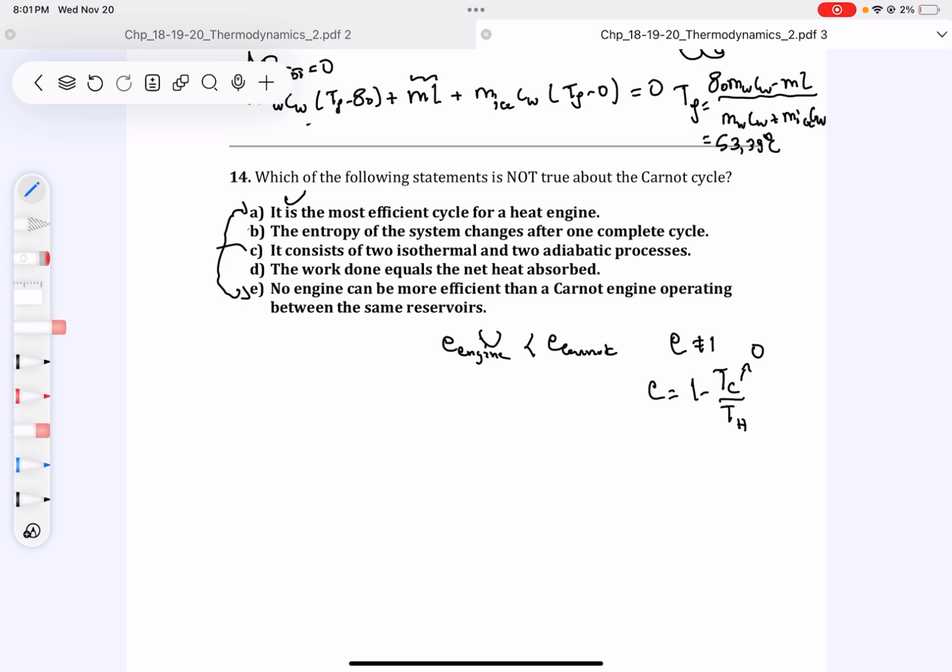B: the entropy of the system changes after one complete cycle. Let's discuss this.